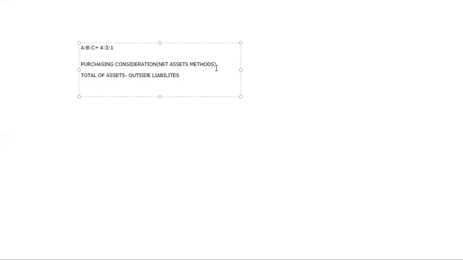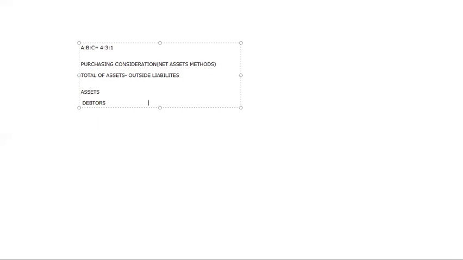So here what I'm going to do is take the total of assets into consideration. So assets, what all he gave, is what the new company, which is purchasing, is taking.